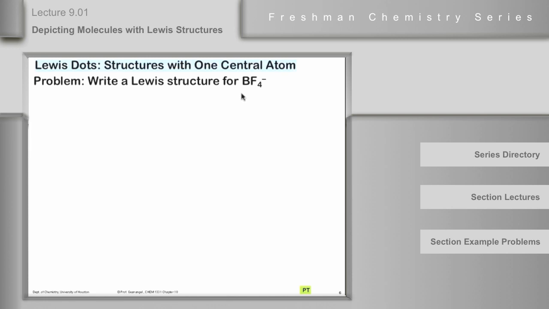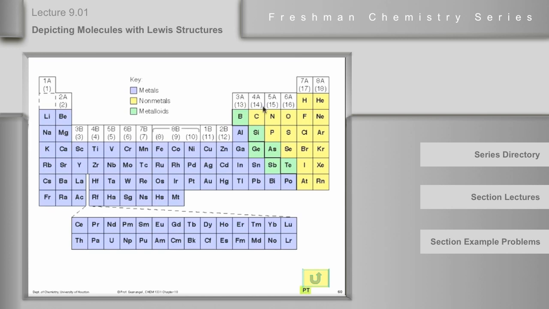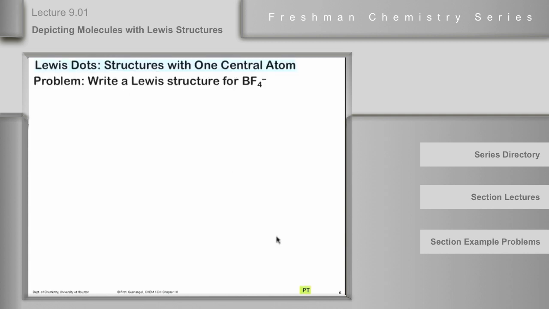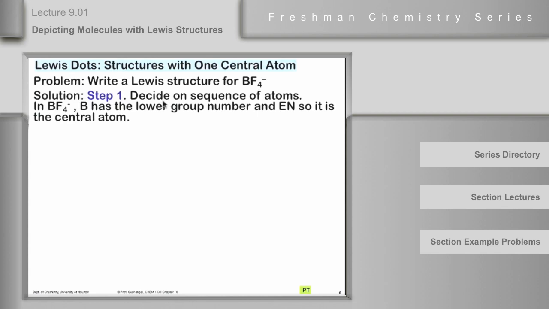Now, as you think about the periodic table, boron is, of course, well to the left of fluorine. Therefore, its electronegativity is a lot less than fluorine, and it should be the center atom. Okay, so we decide on the topology.